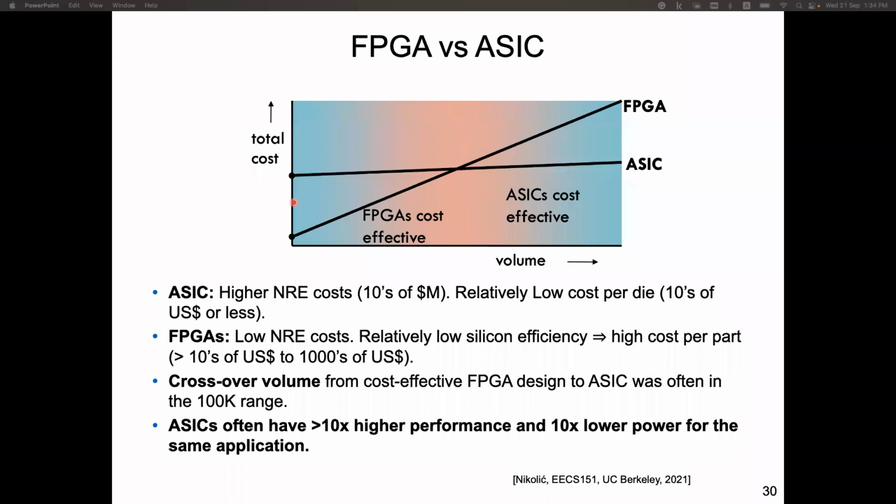You need to design and make a mask. So that's the NRE cost here. The NRE cost is high, but the manufacturing cost per chip is low. So if you increase the volume, increase the units, the total cost increases slightly.